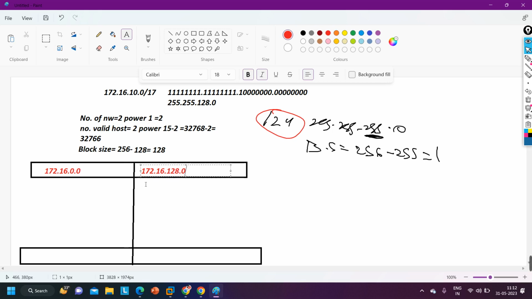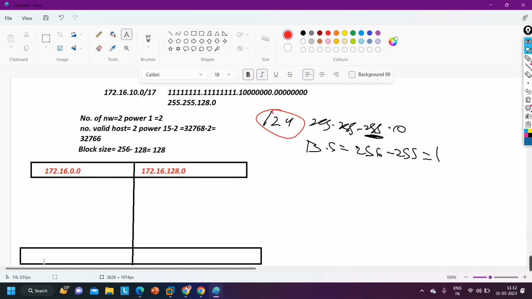We will add the block size. Where are we adding 128? In that octet where the last one is present. The octet where the last one is present is my interesting octet. Everything is happening on that octet only. Yes or no? Yes. So this is my first network and this is my second network.